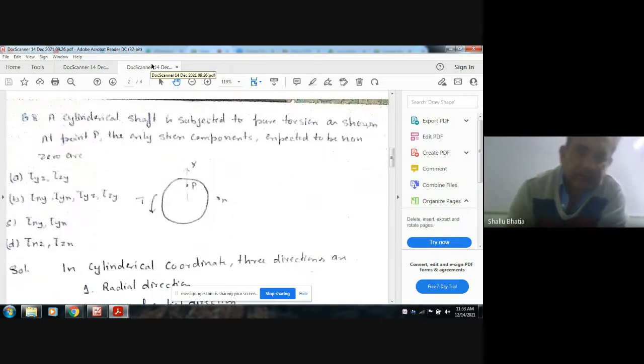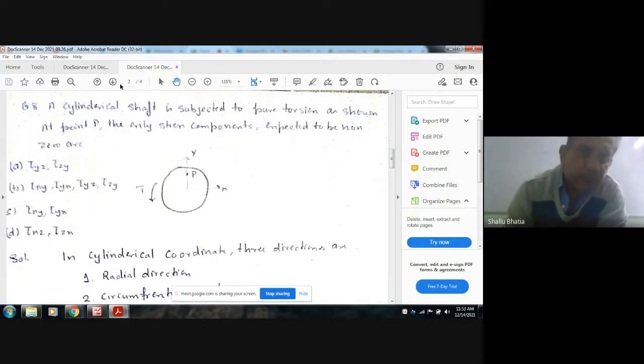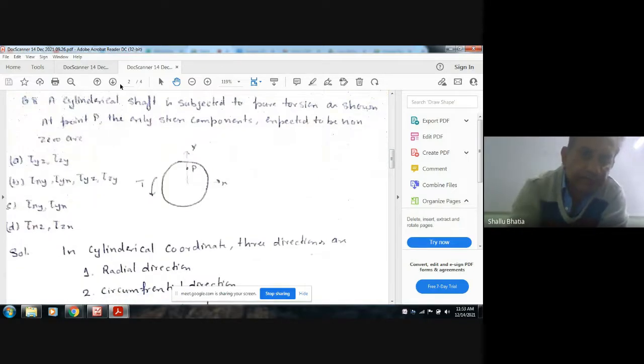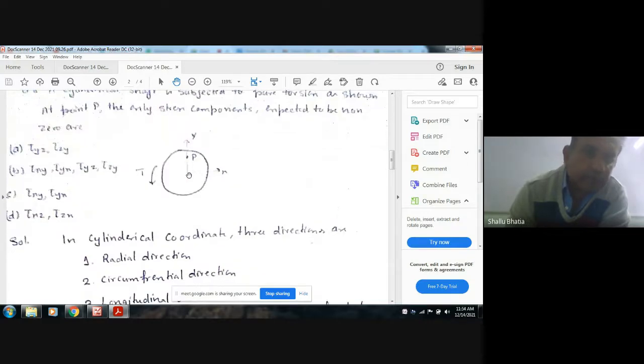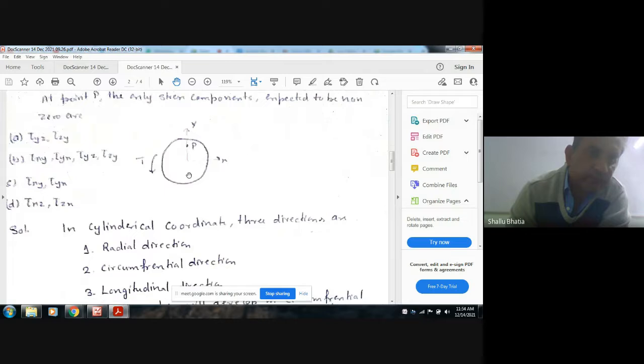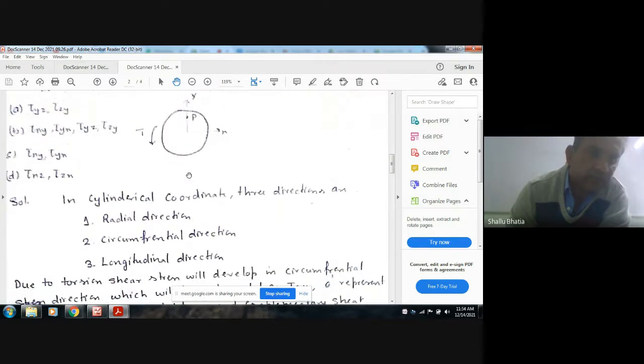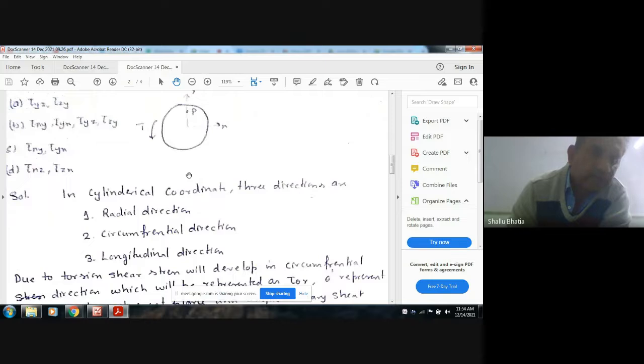A cylindrical shaft is subjected to pure torsion as shown at point P. This is a cylindrical shaft and is subjected to pure torsion at point P. The only stress components expected to be non-zero are: A, tau yz equal to tau zy; B, tau xy equal to tau yx, tau yz equal to tau zy; C, tau xy equal to tau yx; D, tau xz equal to tau zx.